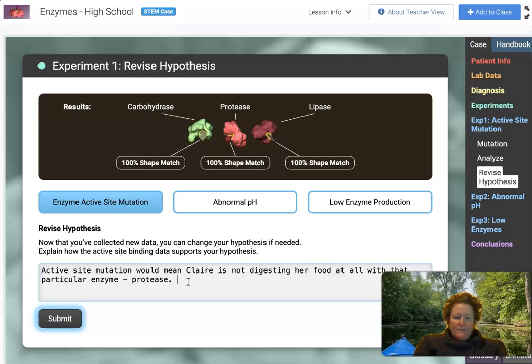I'm going to say all enzymes fit their substrates, so it is unlikely that the problem is an active site mutation.